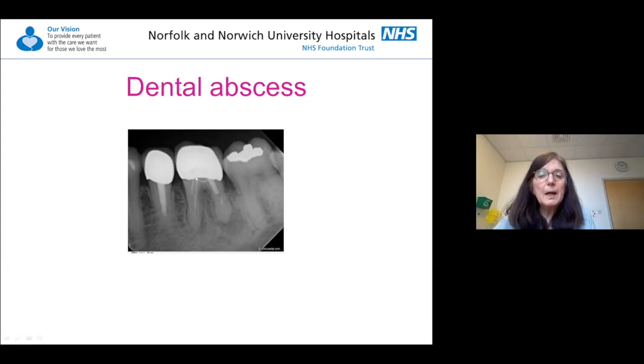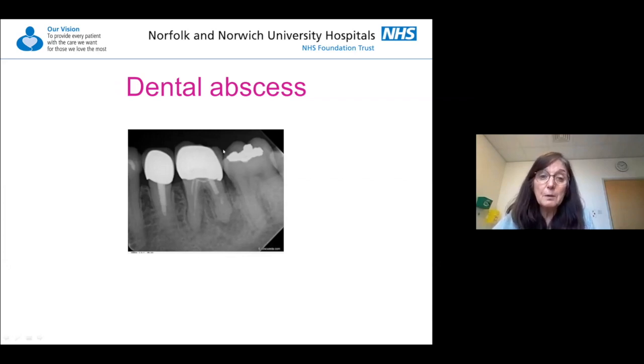Now, if for any reason a tooth has an infection around it, one of the early signs you see is the loss of this lamina dura. So if you follow it down on this tooth here, you see the white line here, and it stops about there and fans out, and there's a lucency around the root apex, and that represents an infection and could be a source of upper neck swelling.